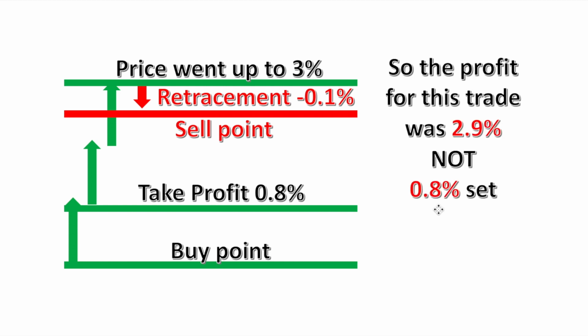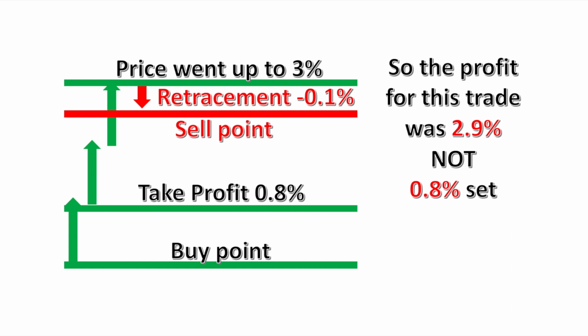So in this case, the robot has taken profits at 2.9, which is the 3% minus the 0.1, because the market dropped down. It will never take profits at the top of the market. It will always wait for that retracement to make sure that the market is starting to move in the opposite direction.